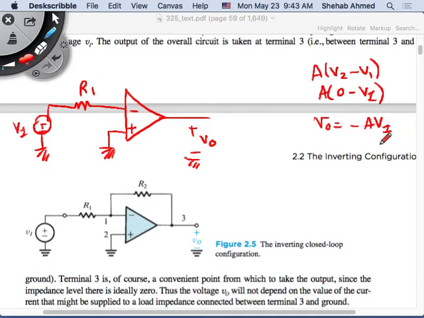Which is equal to, what? V naught over Vi. Yeah. Or the other more important thing is, how about if you bring V naught over A here?